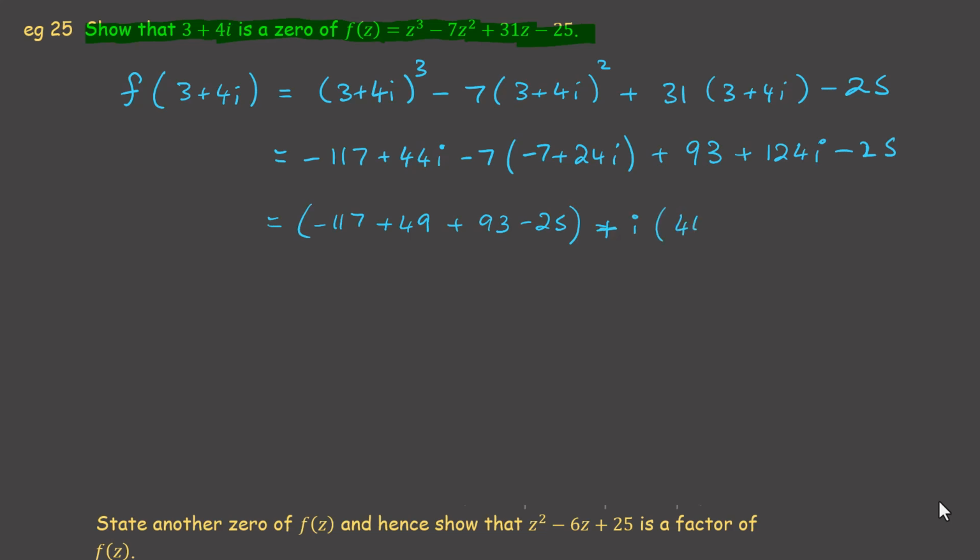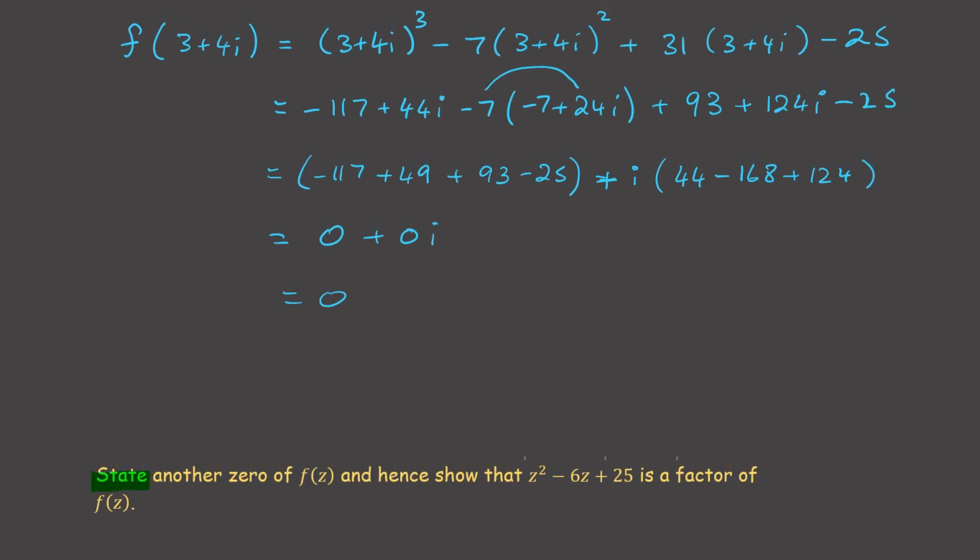So we've got 44 and then negative 7 times 24, which is take away 168, plus 124, and then just calculate those. And we do get 0 plus 0i, or if you like, just 0. So that does the trick.